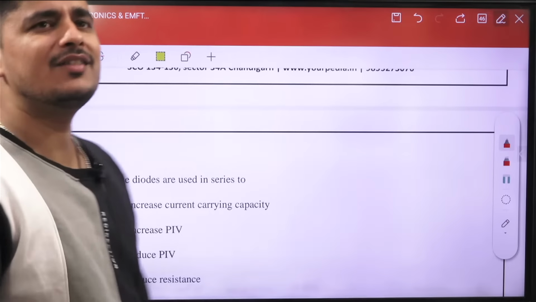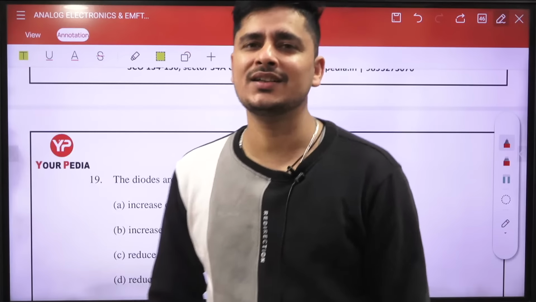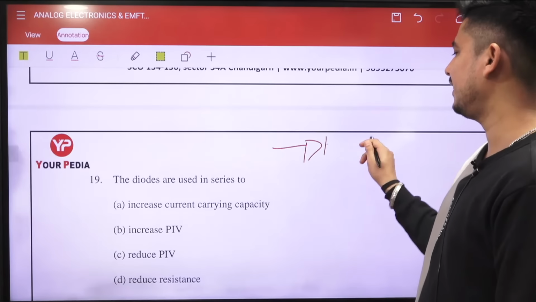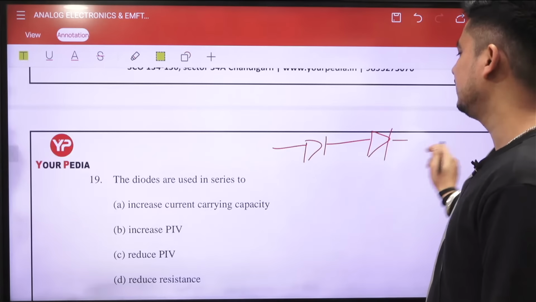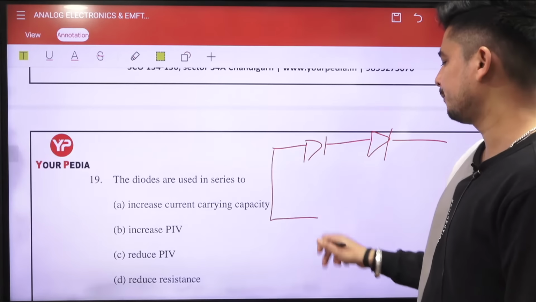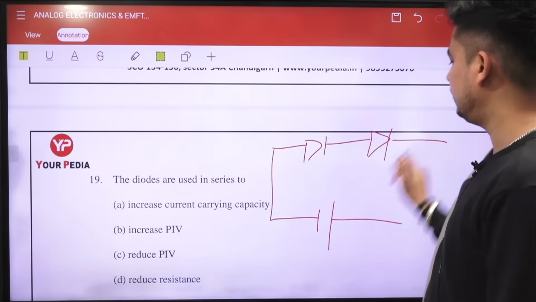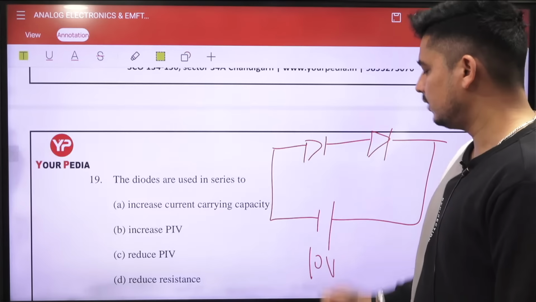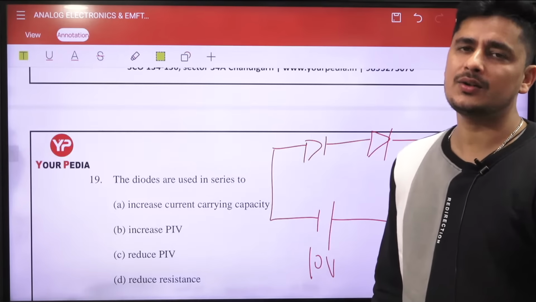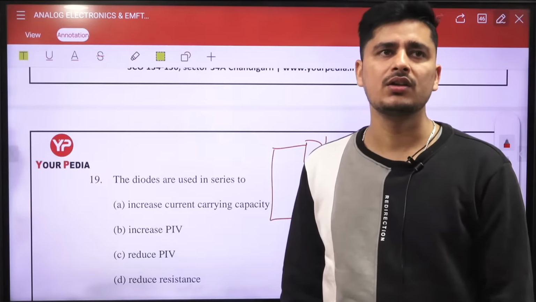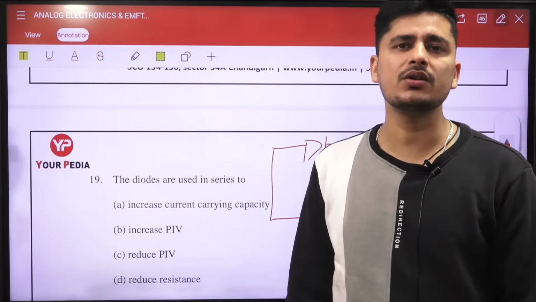See, whenever you connect two diodes in series, this is the diode, and I connect another diode in series. Let's take a reverse bias voltage of 10 volts here. If you have a single diode there, then this 10 volts goes directly to that single diode, so its peak inverse voltage is going to be 10.